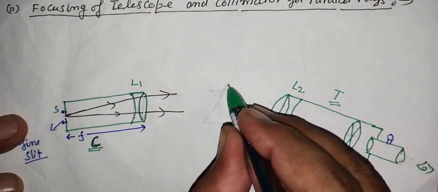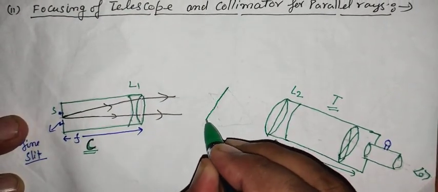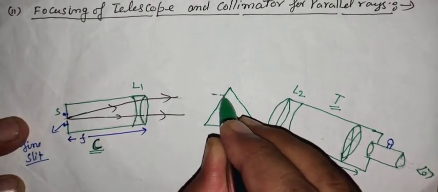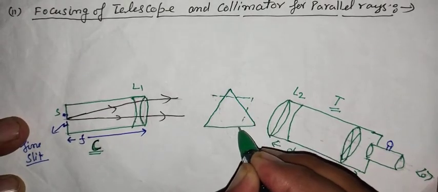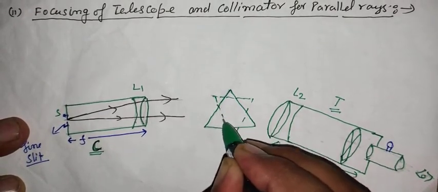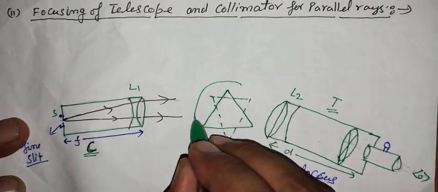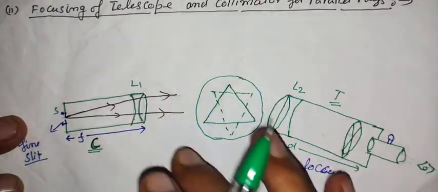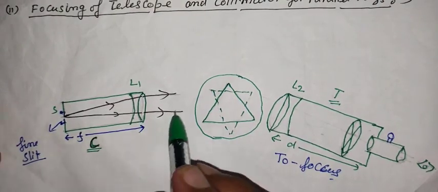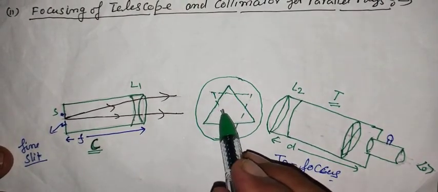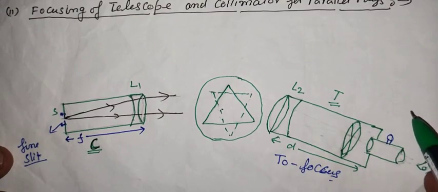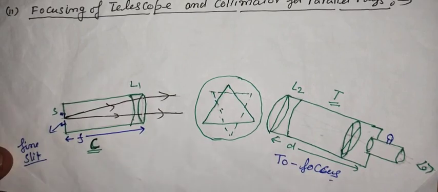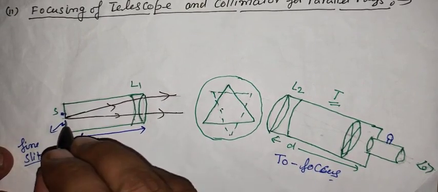Now, in the prism table, the position of the prism is shown here. We can rotate it, it is a circular prism table. When it rotates, the position of the prism also rotates. This parallel ray of light is allowed to fall on it, and the telescope moves in such a way that it can see clearly the opening of the slit through it.